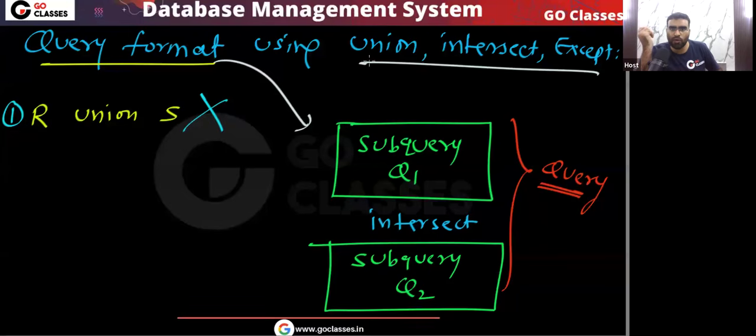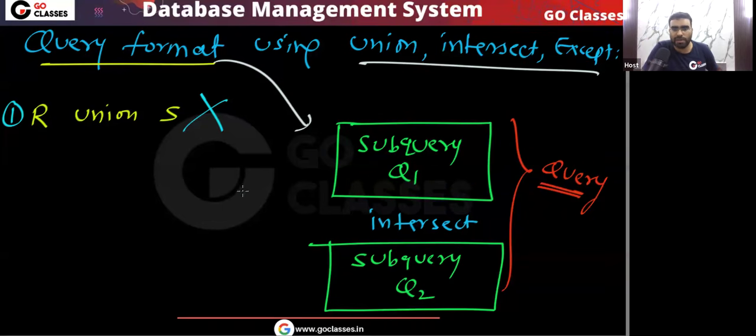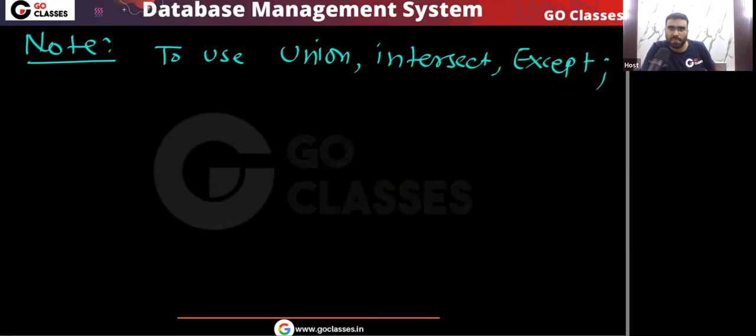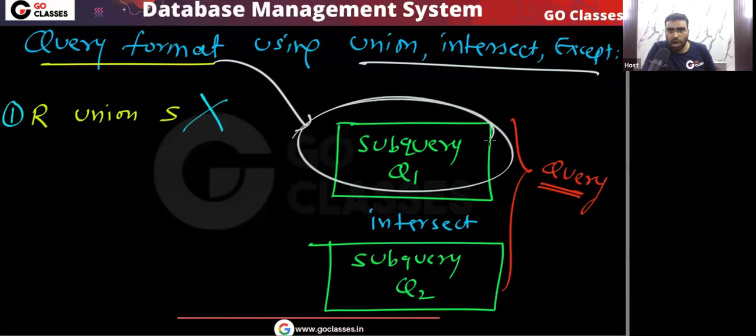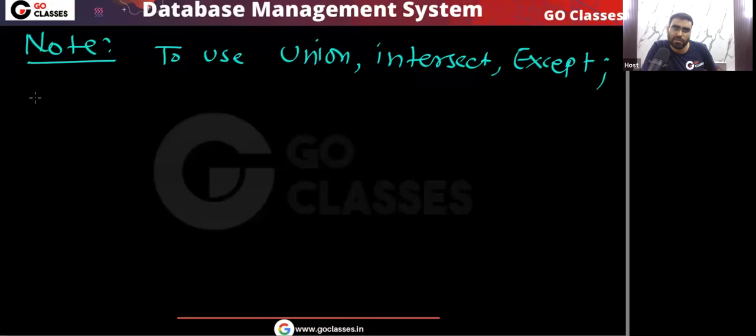One more thing: if you want to apply union, intersect, except, then these two subqueries must produce results which are union compatible. Do you remember there is something called union compatible? Remember, this is a note: to use union, intersect, except, the output of this subquery and the output of this subquery must be union compatible.